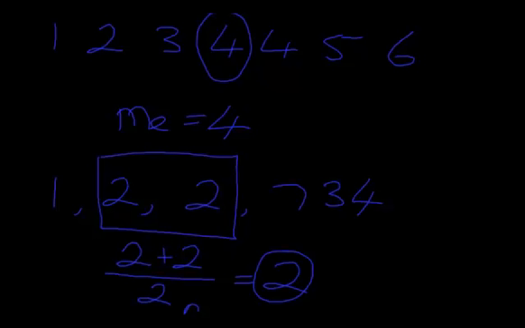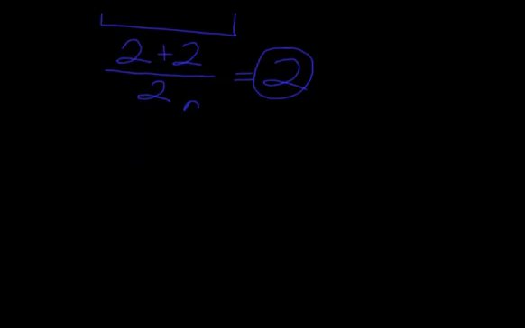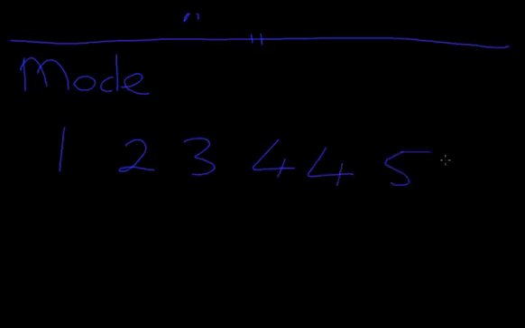We keep rolling down. Let's talk for a moment about what a mode is. Let's just draw a line there. So we've done median. Let's draw a mode now. What is mode? A mode is another way of describing the central tendency of a sample. So if we have 1, 2, 3, 4, 4, 5, 6, what is the mode of this?